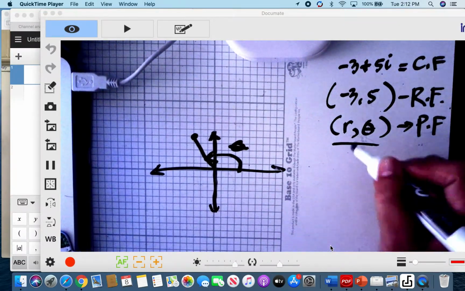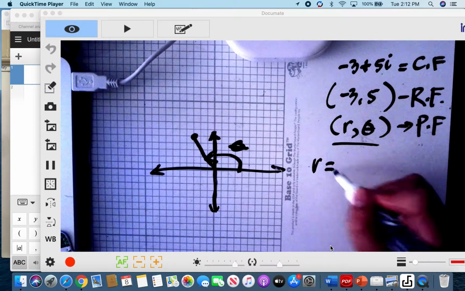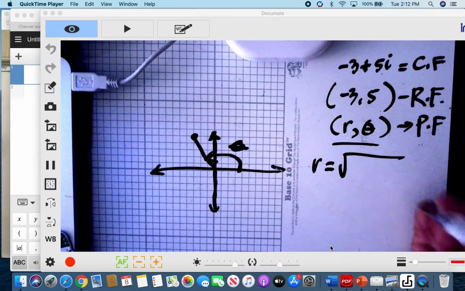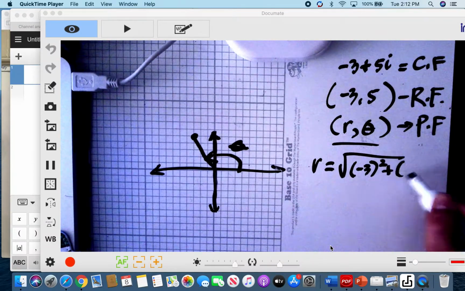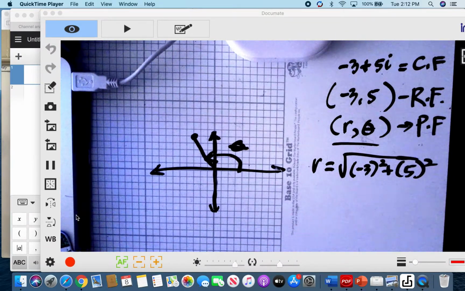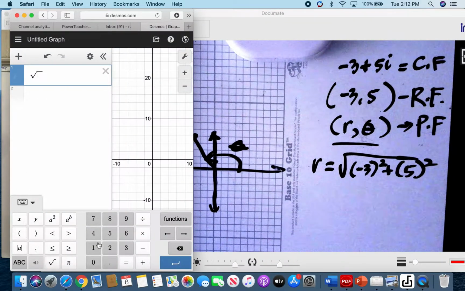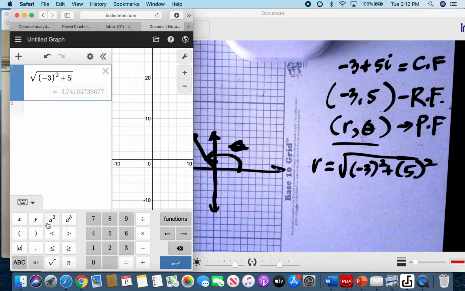The first thing we do is to find the r, which is given by the square root of x squared plus y squared. In this situation, it's negative 3 squared plus 5 squared. If we put this in our calculator, that would be negative 3 squared plus 5 squared.